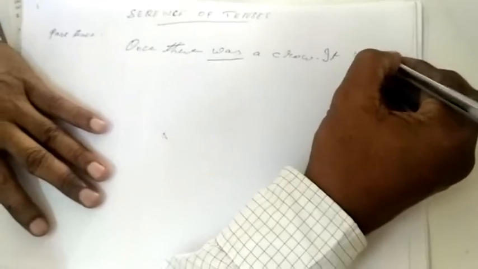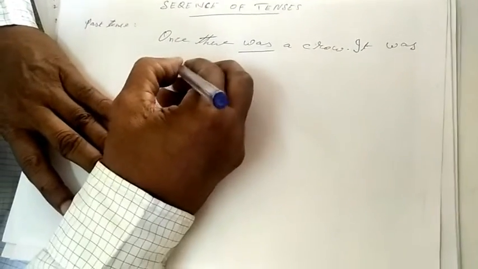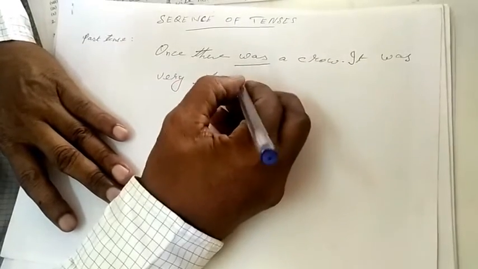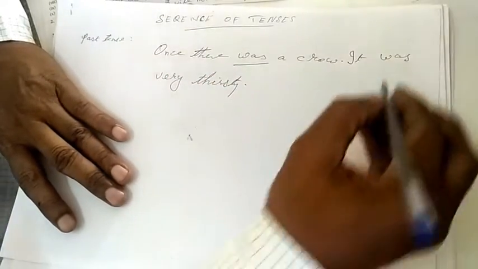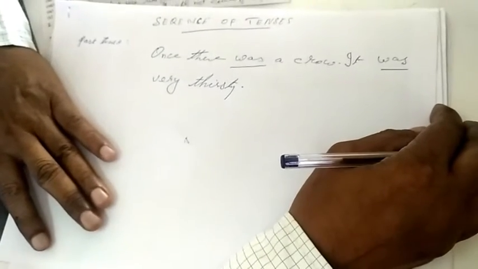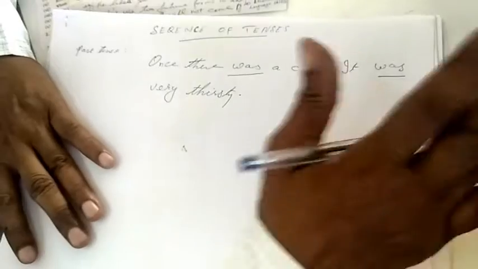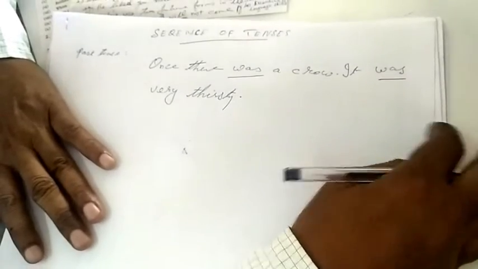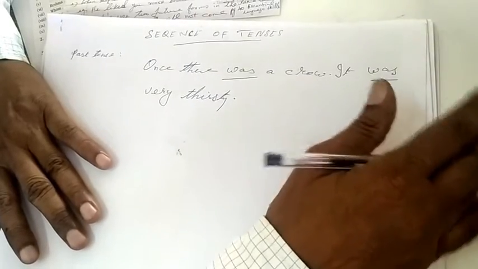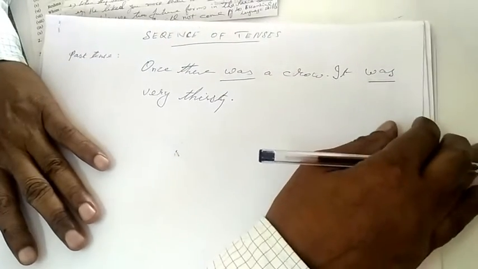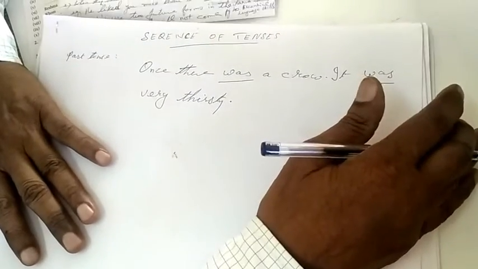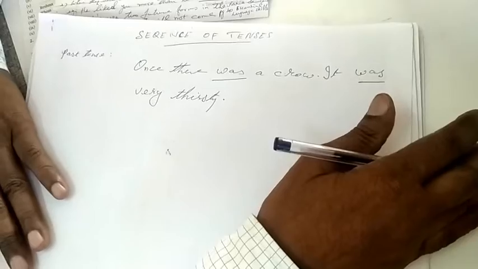It was very thirsty. You can see the second verb there. And this rule applies whether it is a story like this or even a single sentence with multiple verbs or a narration. It can be historic narration or a paragraph writing, whatever.